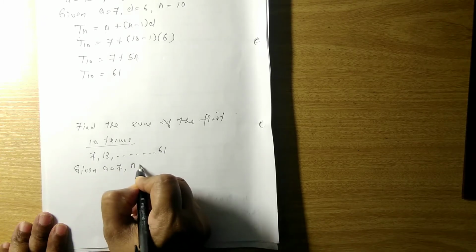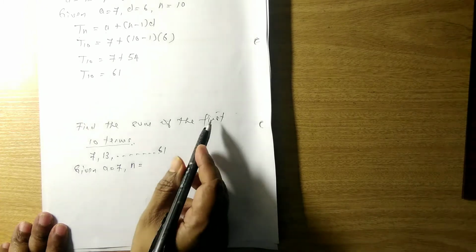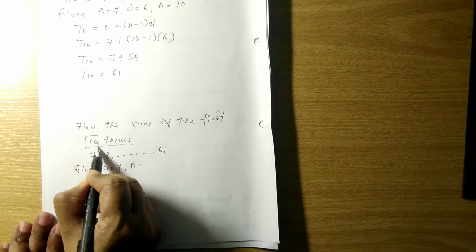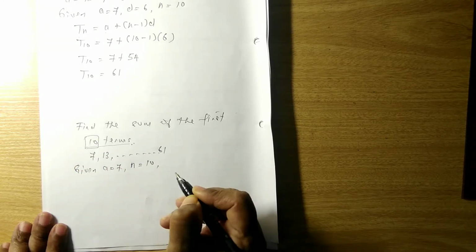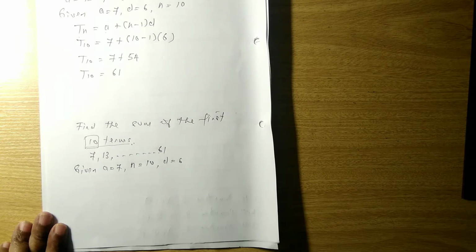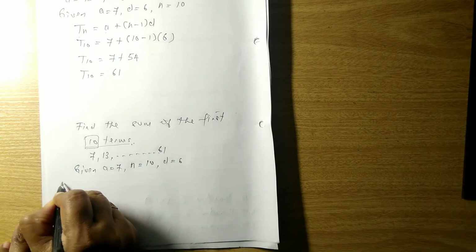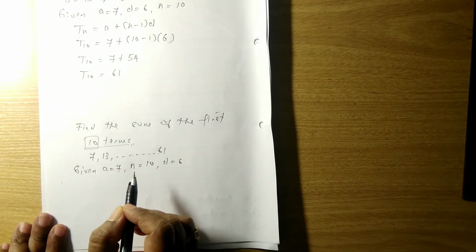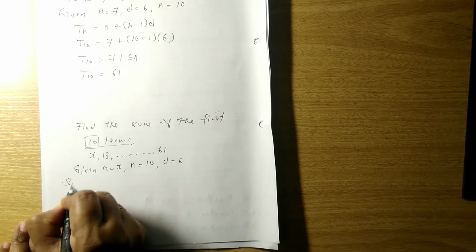My n is 10 because there are 10 terms. My d is still 6 from here. Okay, so find the first 10 terms means S10.